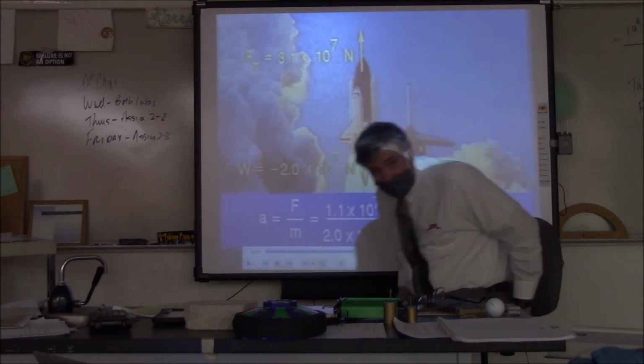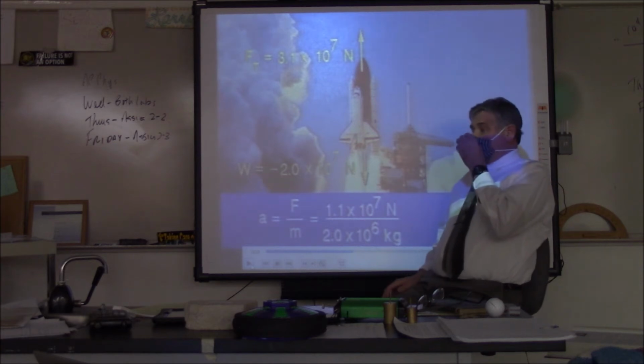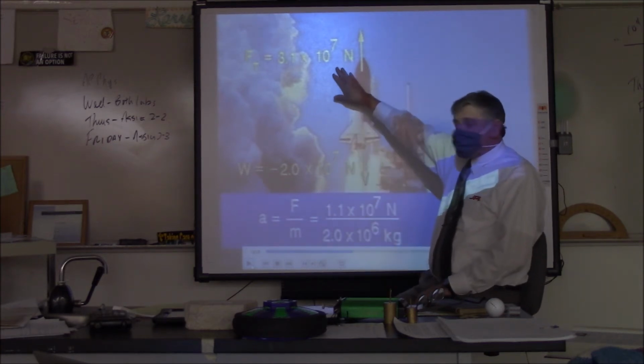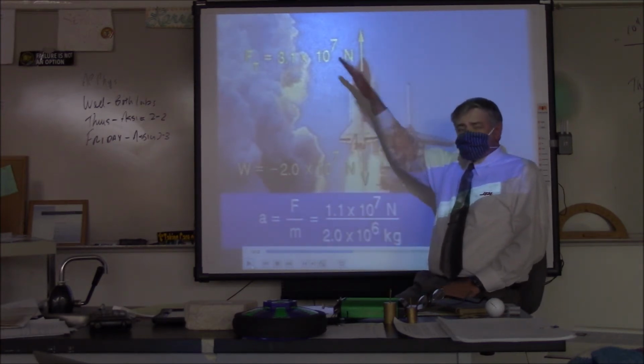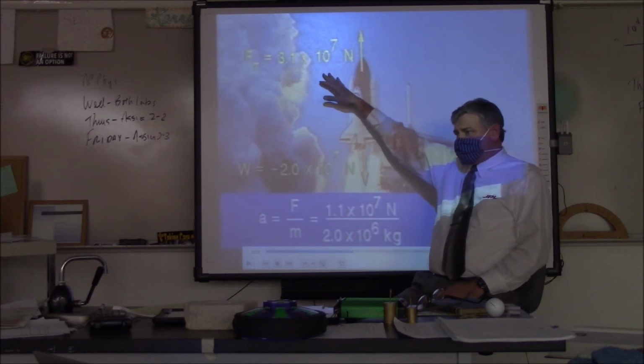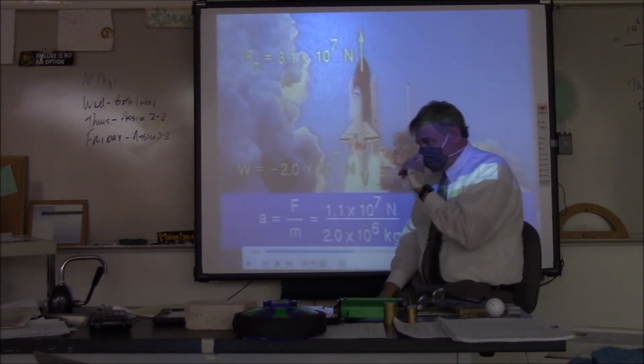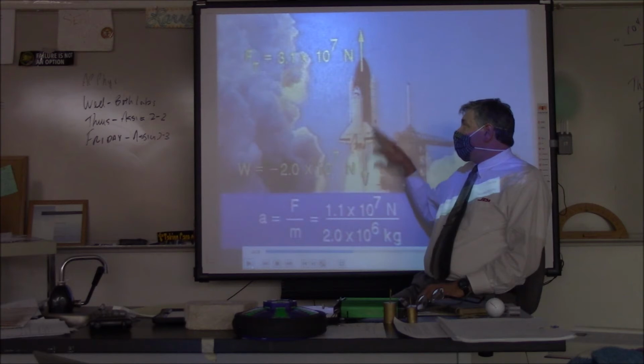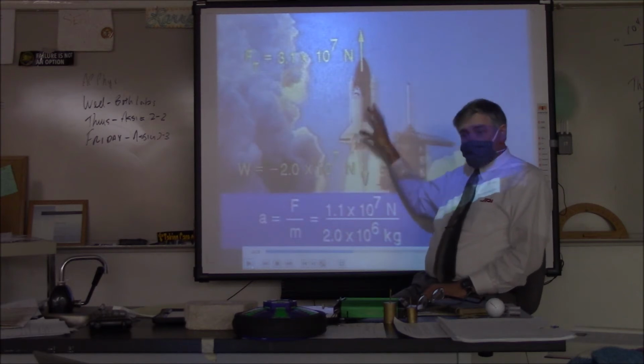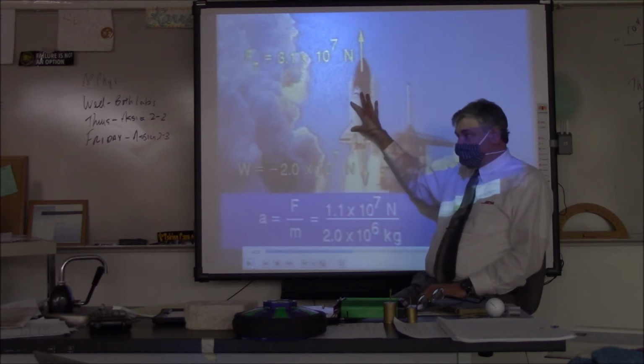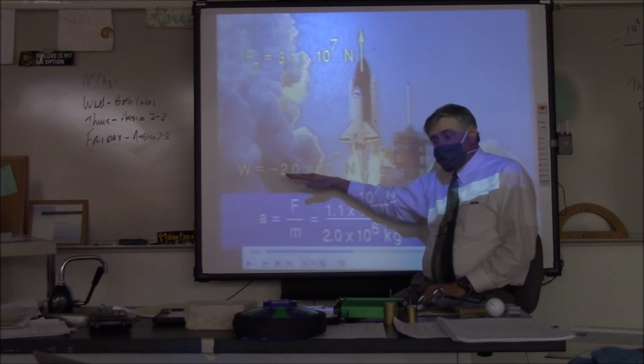Now, an interesting thing happens with rockets, though. This number is pretty much going to stay the same. You can adjust it a little bit, but your applied force pretty much stays the same. But this is where it gets interesting. As this thing burns fuel, what happens to the weight of the ship? It gets lighter.